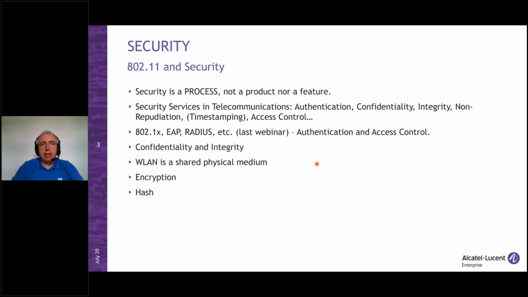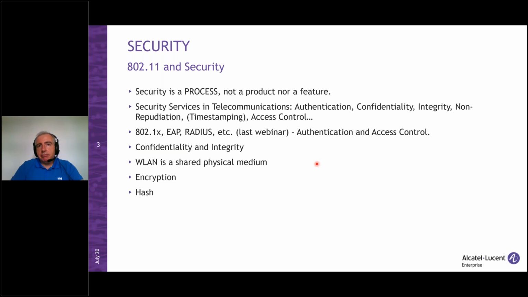So it doesn't matter whether it is 5G or 4G or WLAN, the 802.11 protocols, or 802.16 wide area network radio protocols. At the end, all radio is a shared medium, and you will find someone who is trying to capture your information.